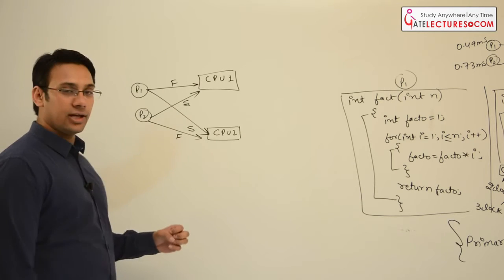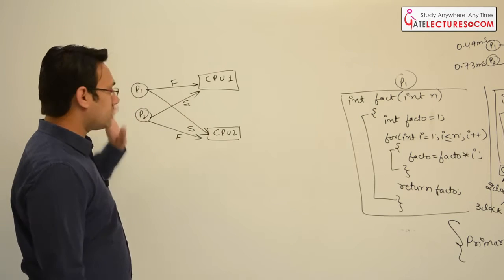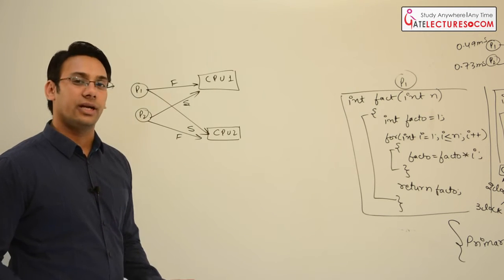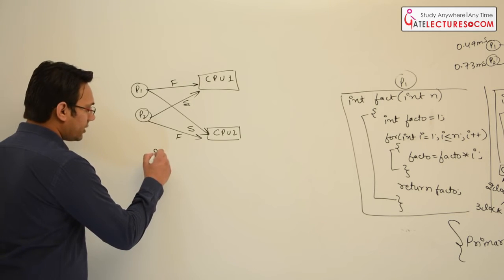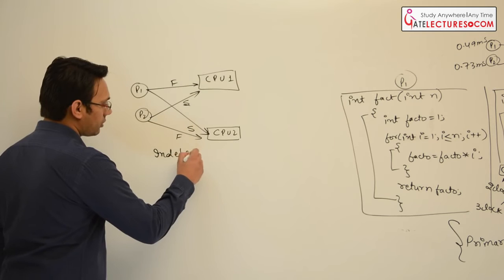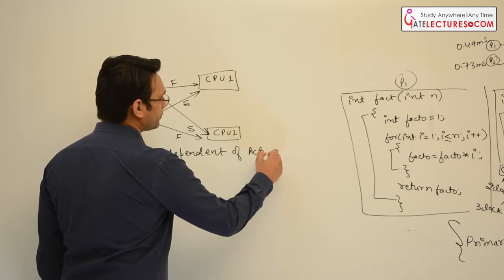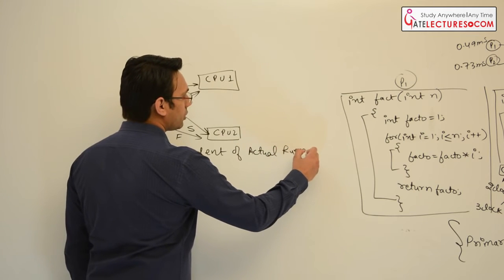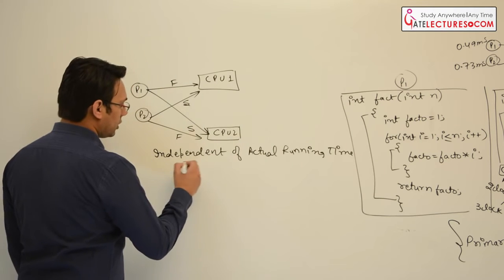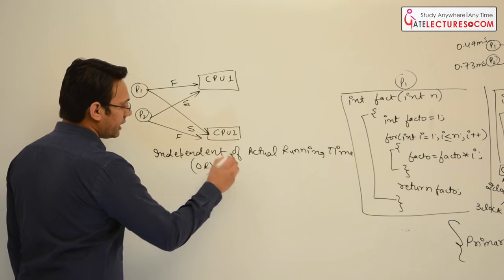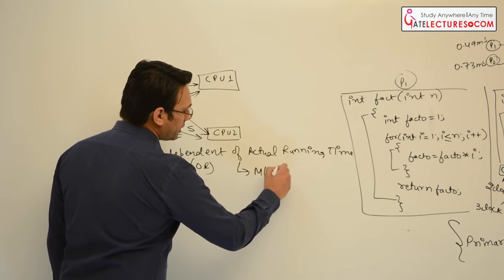Now you need a metric to tell the person that this program is going to take less time on the basis of some criteria, and this criteria should be independent of actual running time, that means independent of machine architecture.